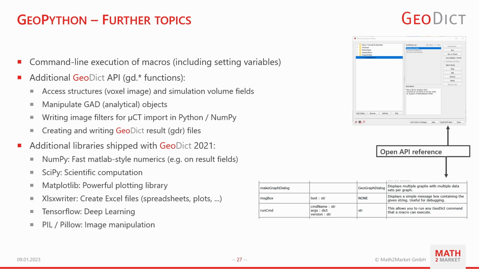Then there's XlsxWriter, which allows you to create Excel files pretty easily. And the TensorFlow library, which is a deep learning library, which we'll also use for FiberFind AI and GeoDict AI. And then there is PIL, or rather Pillow, depending, I think it was renamed at one point, which allows you to do image manipulation. For example, you can do a collage of several plots, images, or several 3D images and put them next to each other or crop them or whatever you want.